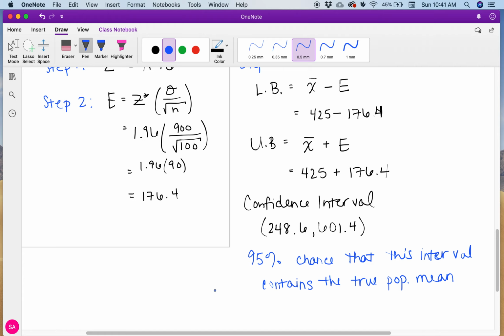Another way to look at it is if you take all possible samples, 95% of those samples will contain the true population mean, where the other 5% won't. So those are just two different ways to talk about it, but it means the same thing.